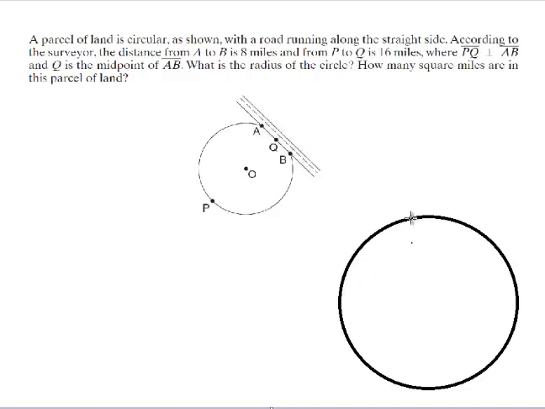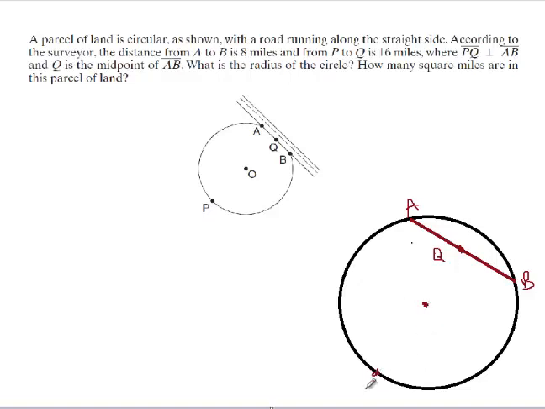But let's draw it over here, somewhere like this, and then we'll say this point is A, this point is B, Q is in the middle over here, okay, O is in the middle of the circle, so we'll make an O somewhere down here, and P somewhere down here.